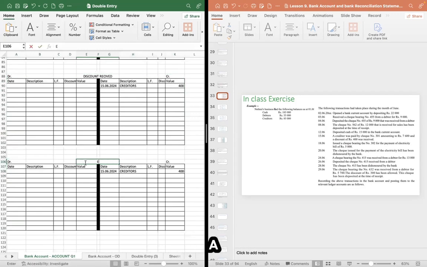So we make a new account called electricity bill, which is an expense account. Okay. If expenses are increasing, what should ideally happen? It is a debit, right? Debit, sir. It's a debit, exactly, Dhanushkan. So if the expenses are going up, we have to debit the account.